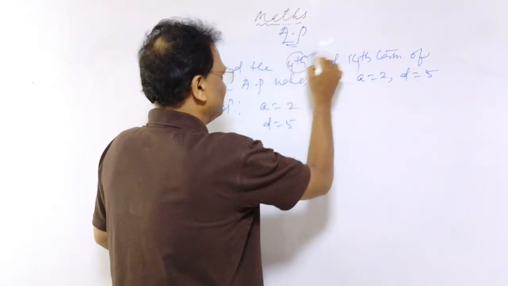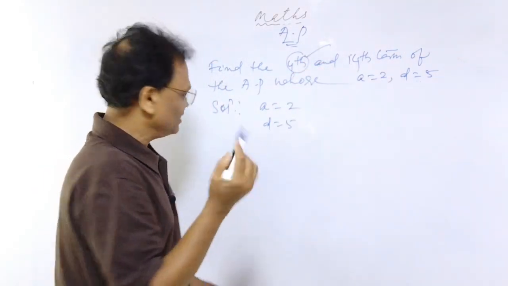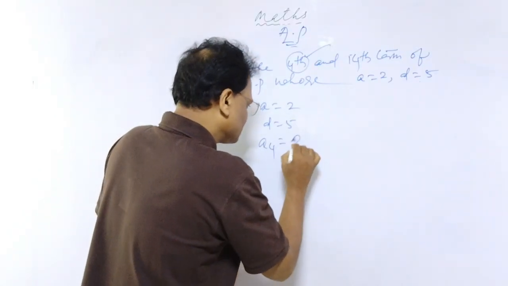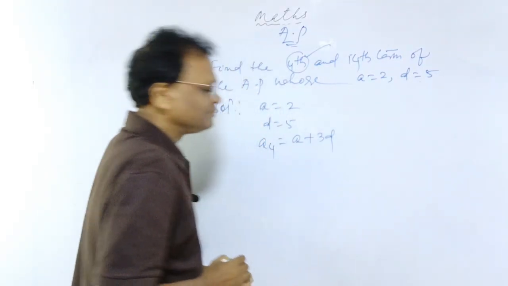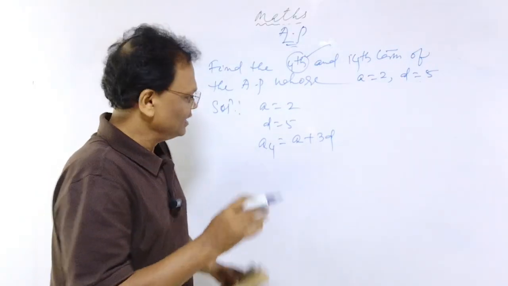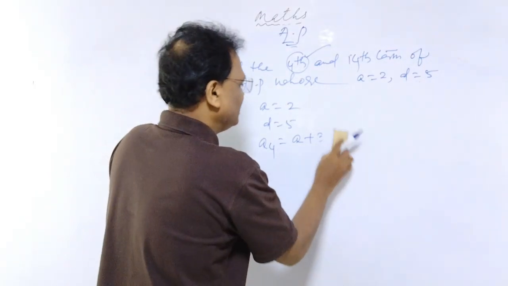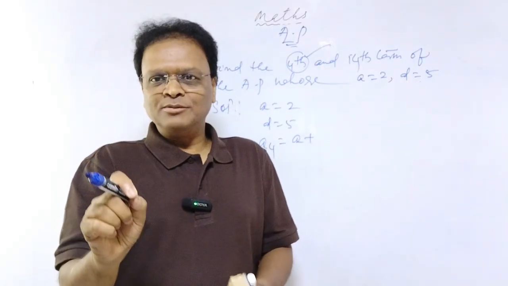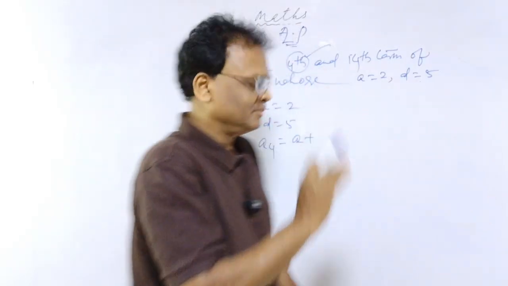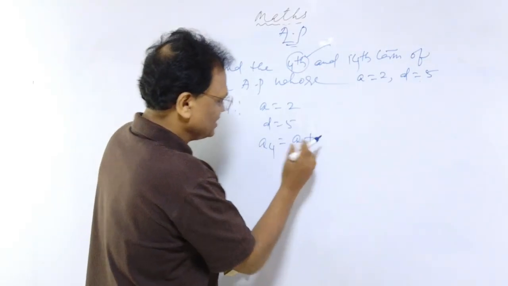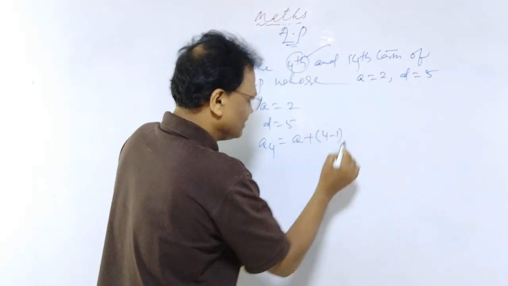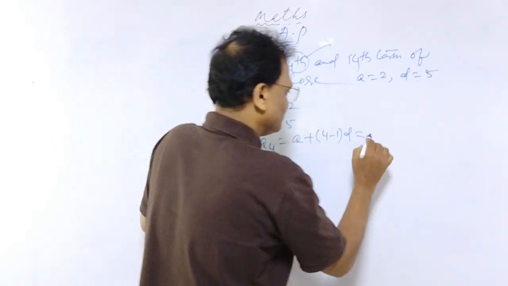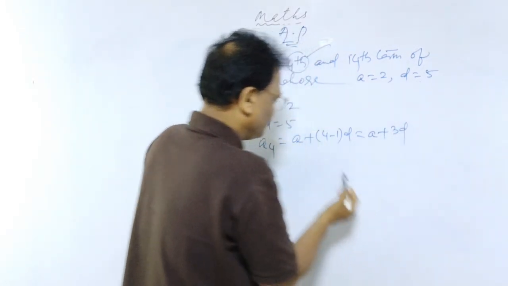So first let me find A4. A4 is equal to A plus 3D. But how do you get it? My AN formula is, let me remind you, AN is equal to A plus N minus 1 into D. This gives me the formula I had written, A plus 3D, since 4 minus 1 is 3D.